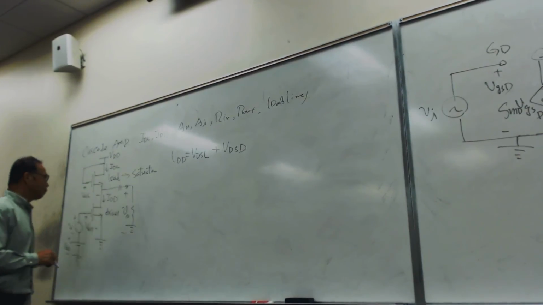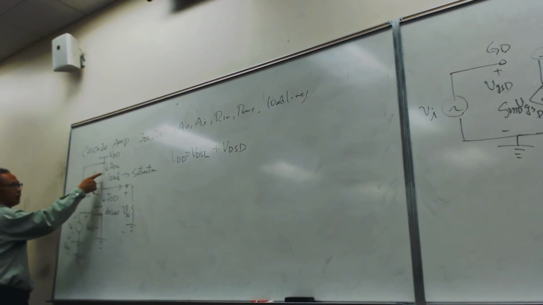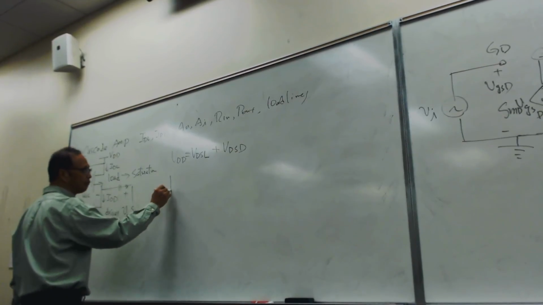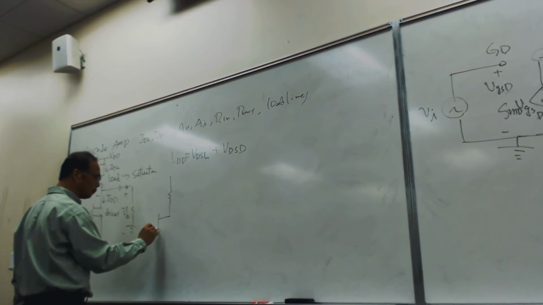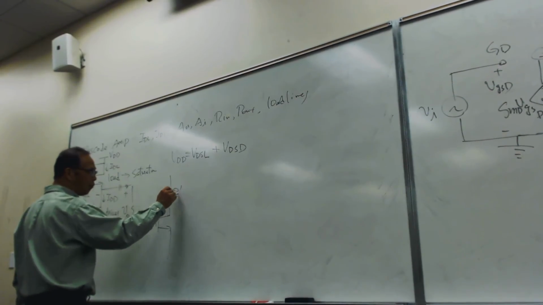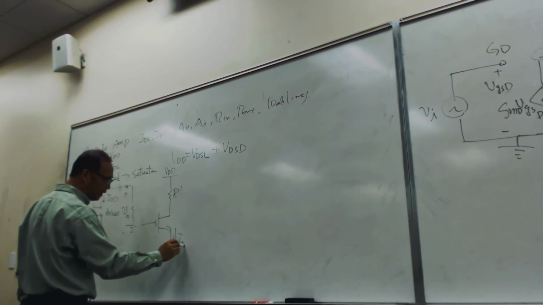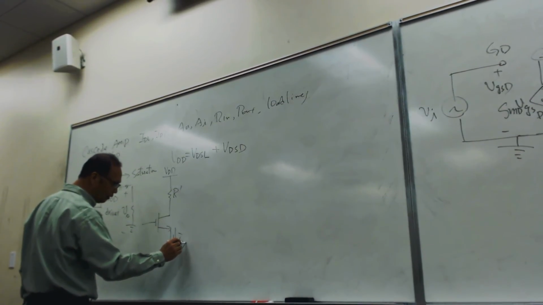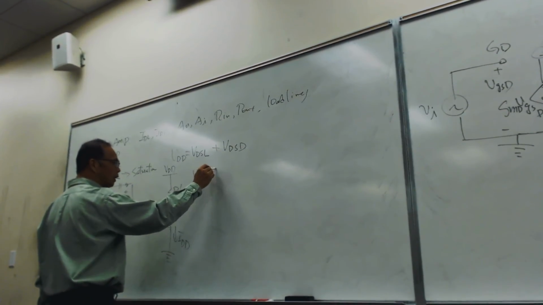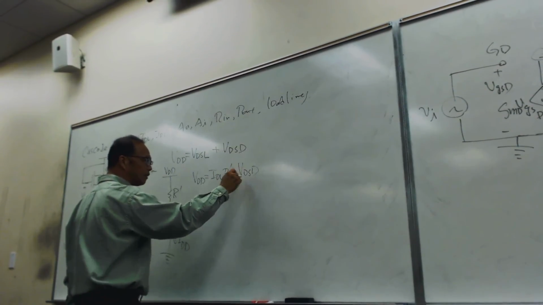So what you have to do for this case is consider the load as a resistance. Let's call it R prime. Then we have ID driver, so VDD equals ID driver R prime plus VDSD.